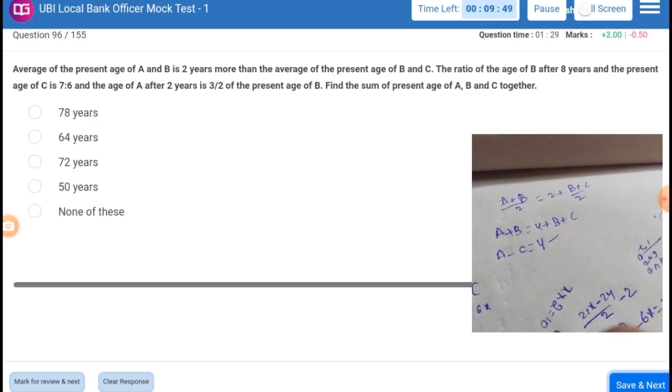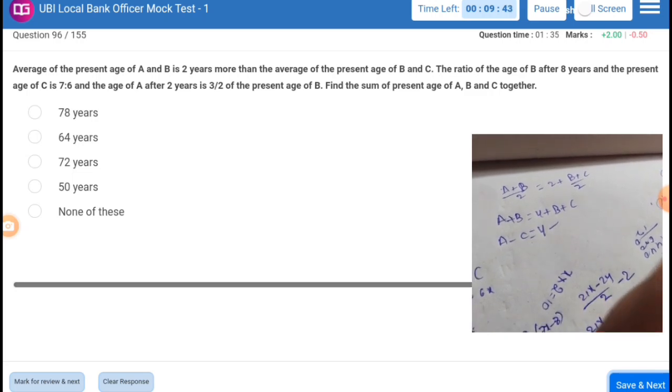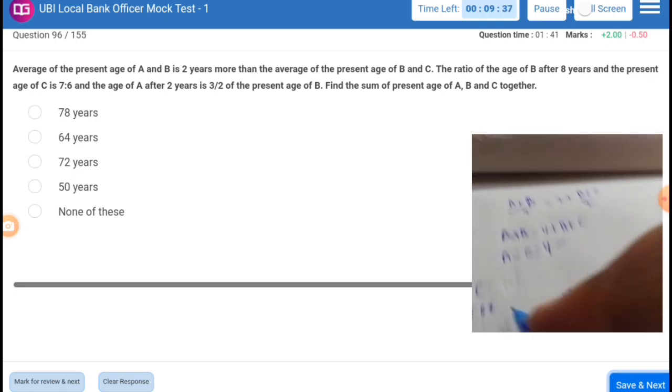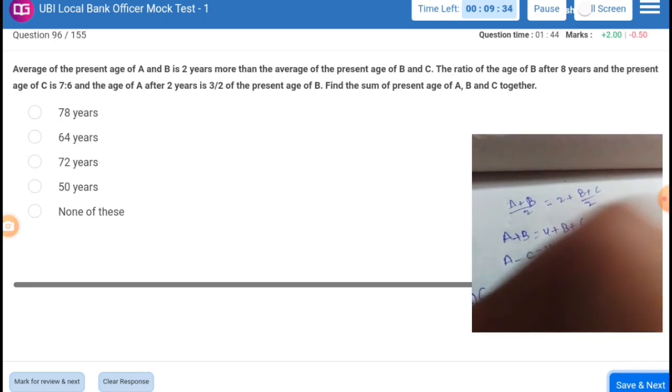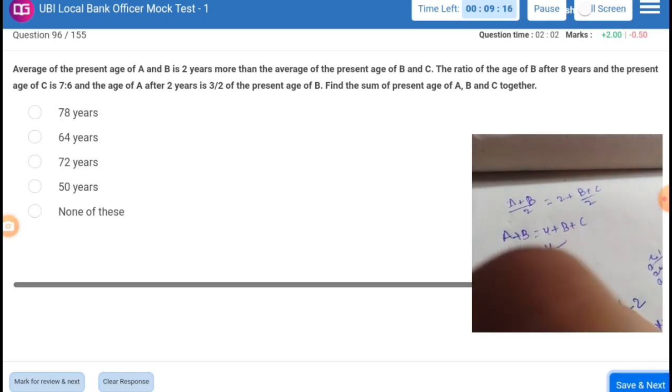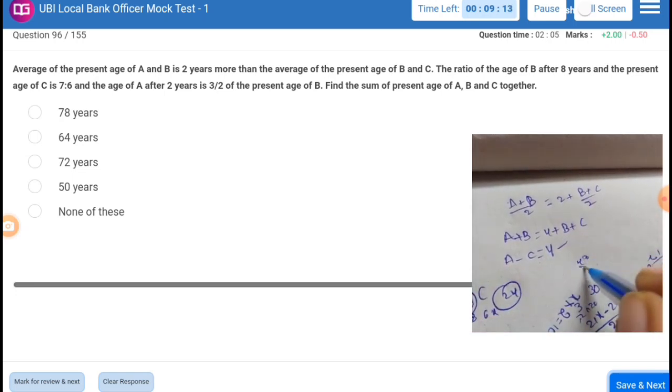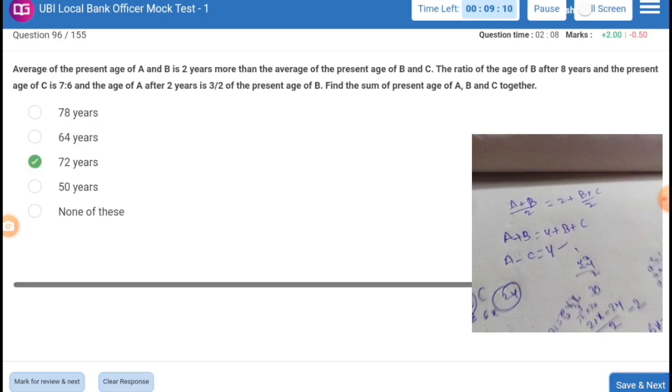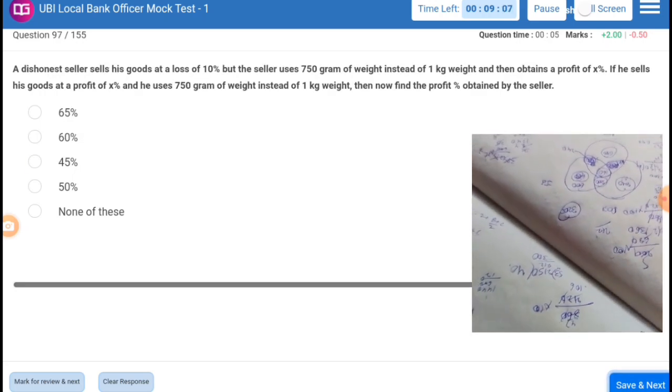Minus 2 is 28 by 2. 36x equal to 4. So 20. 28. 48, 24. 72.